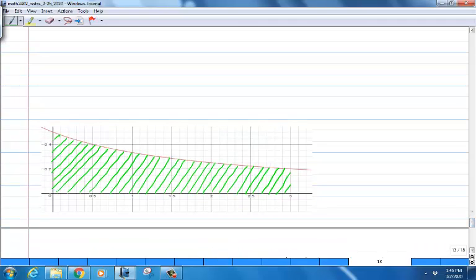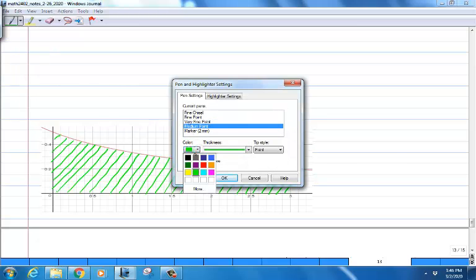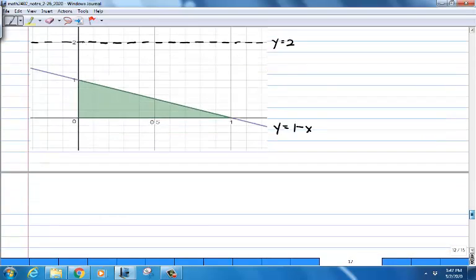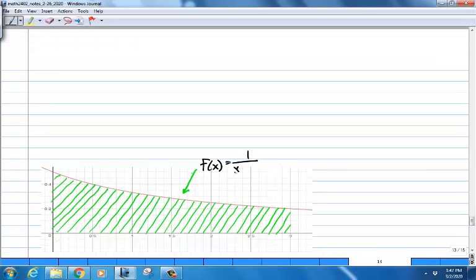So this is the curve, 1 over x plus 2. And I want to find the area beneath that curve, down to the x-axis. This is that shaded area, starting at 0 and going over to 3.